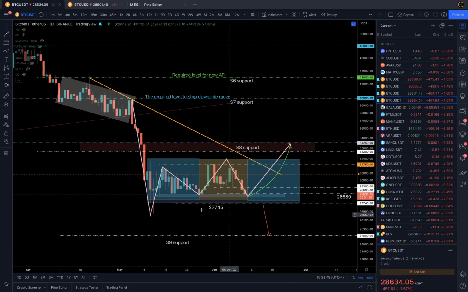I would say 27745 becomes the critical level for this pattern to be valid. And I think this is an expanded pattern, because this pattern didn't work out because it has retraced. Now the pattern has been expanded.